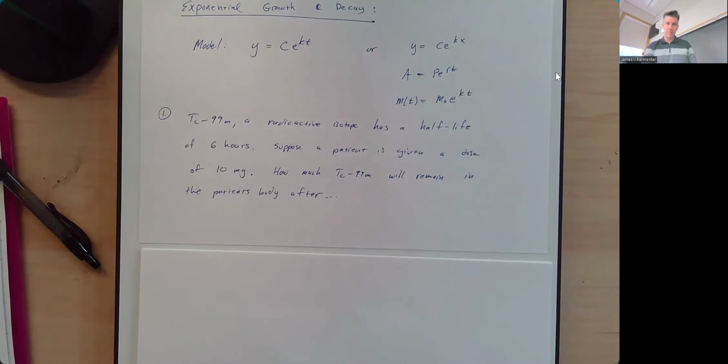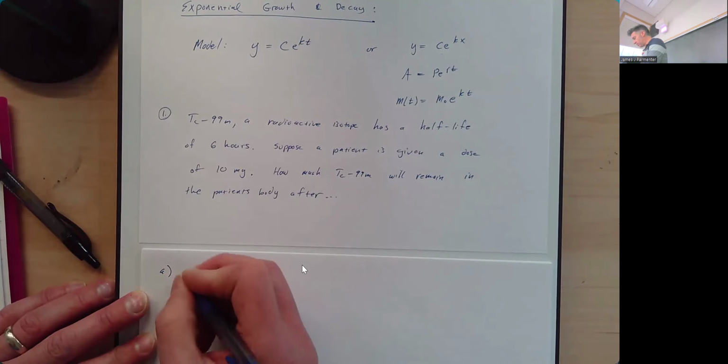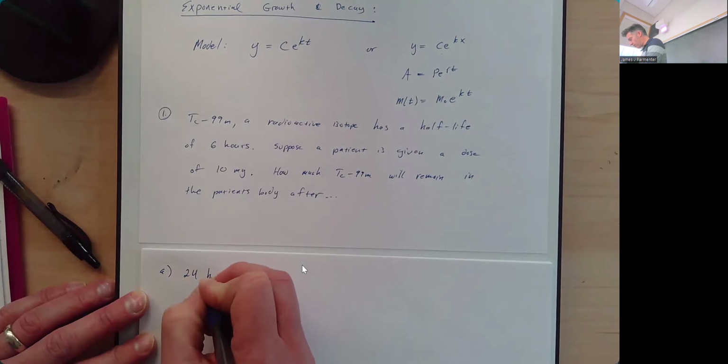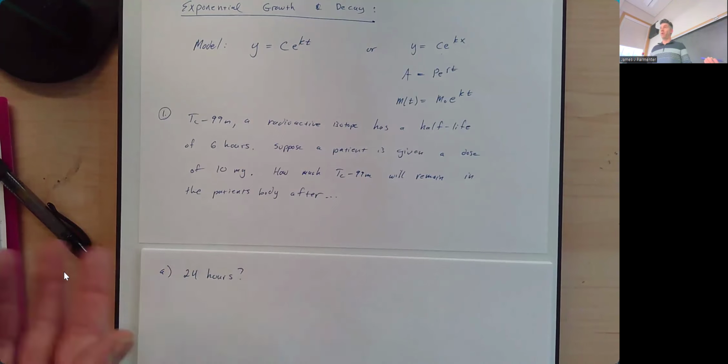Appreciate it. Cool. So let's say the first question is, how much is there going to be after 24 hours? So actually, a nice thing about this specific question is we don't have to do any of the work to find the model, and here's why. Well, yeah, we're going to still. The amount of time that's going to pass is exactly a multiple of how long we were already given, right?